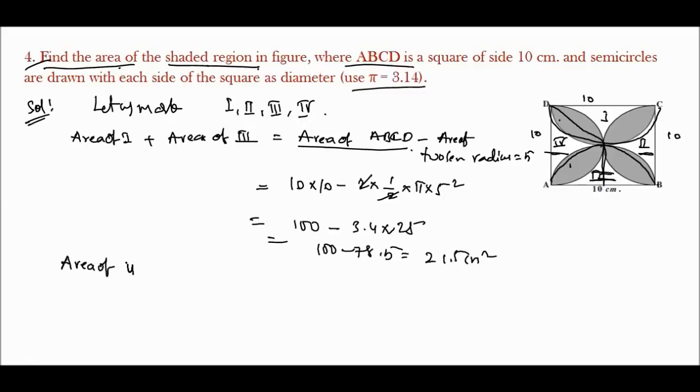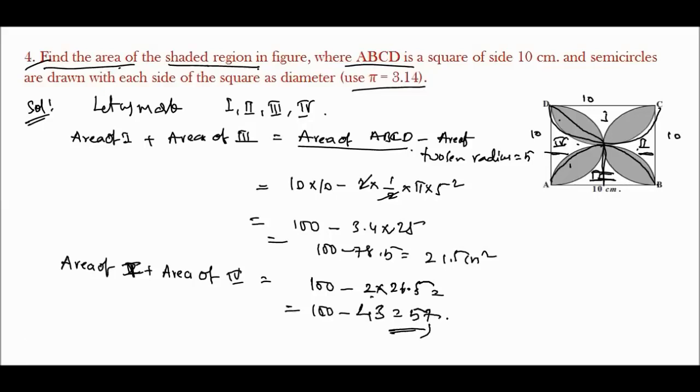This is the second and this is the fourth. So it is 100 minus 2 into 21.5, because of the two semicircles. 100 minus 43 is equal to 57.